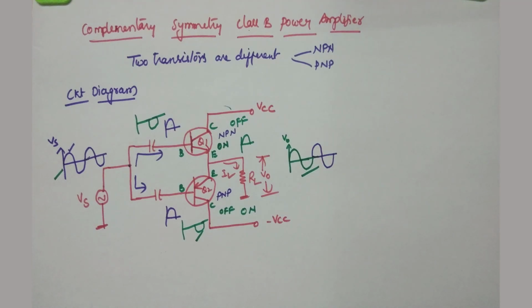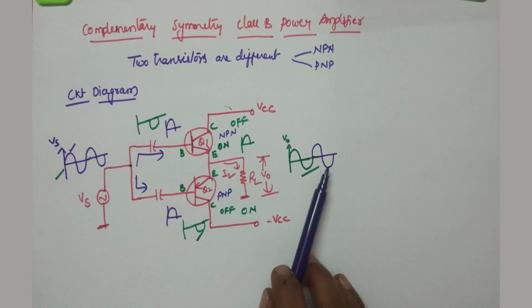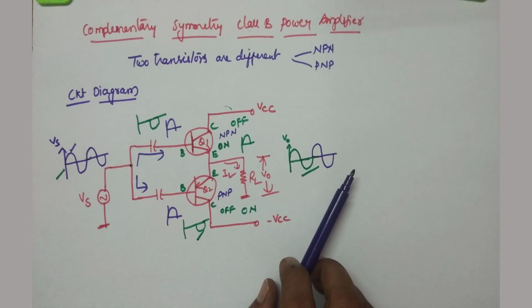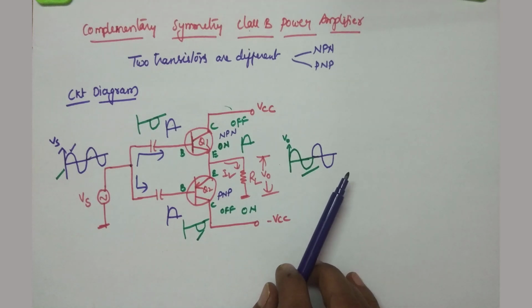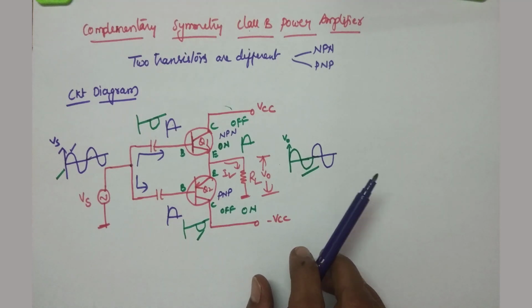So this is about the complementary symmetry. Its efficiency is the same as that of class B push-pull, meaning its maximum efficiency is 78.5%. Here the operation is the same. For the full input signal, we are getting a full cycle output. The input signal and output signal are the same as those of class B push-pull, and we are calculating the efficiency for the output.